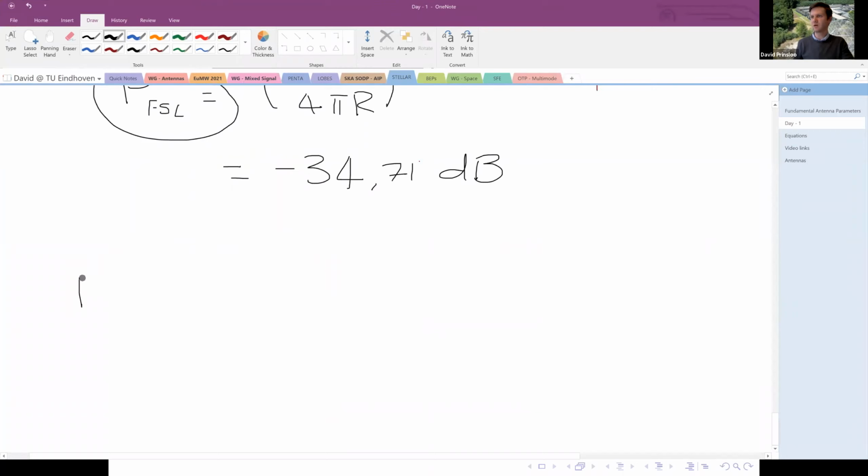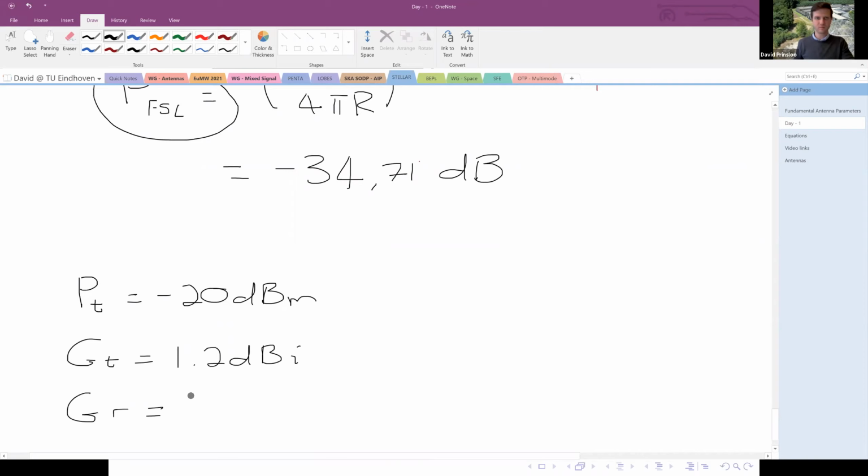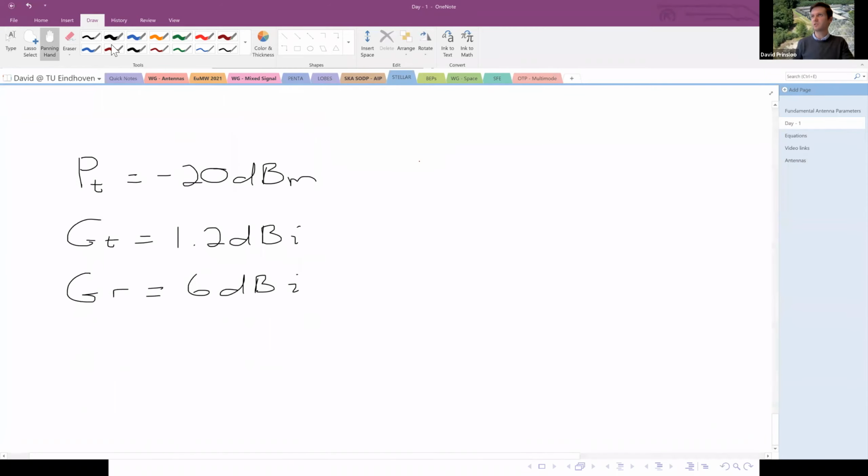So we have a transmitted power of minus 20 dBm. We have a gain of the transmit antenna equal to 1.2 dBi. Gain of the receive antenna equal to 6 dBi.